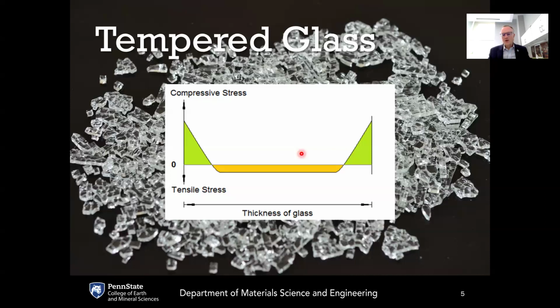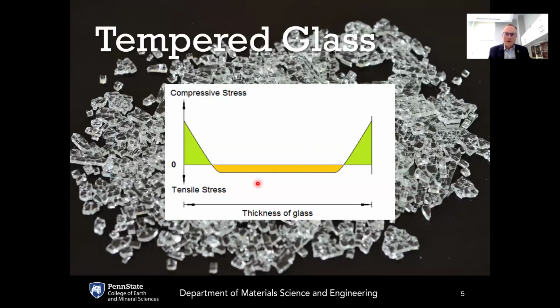As a result, the interior wants to continue to contract as it cools, but the outer surfaces are already rigid. And so the interior is actually pulling on the exterior surfaces to pull them into compression. And all of that compressive stress in the outside parts of the glass needs to be balanced by an equivalent integrated amount of tensile stress.